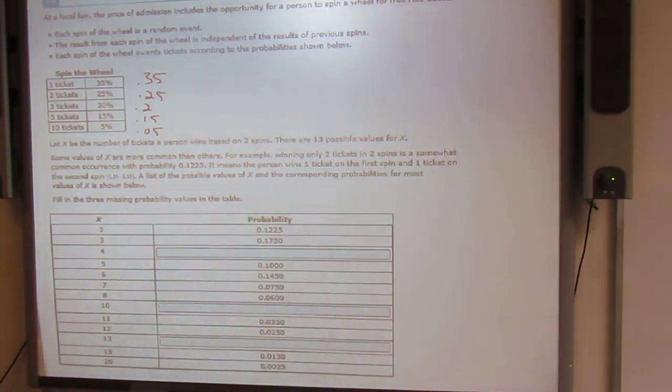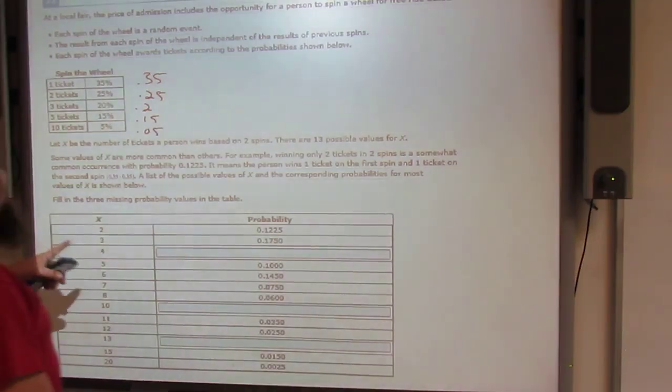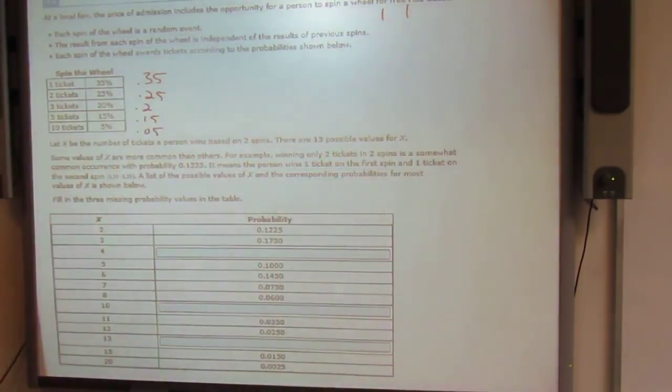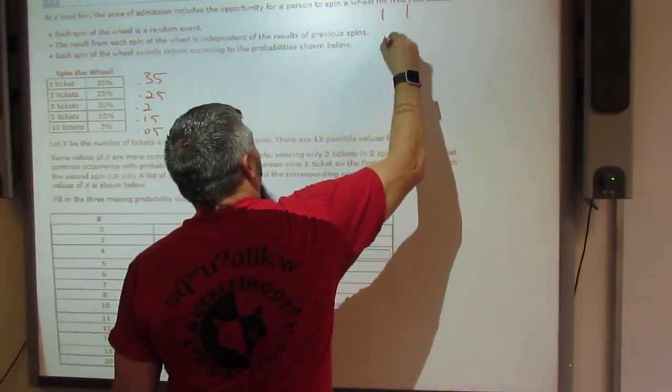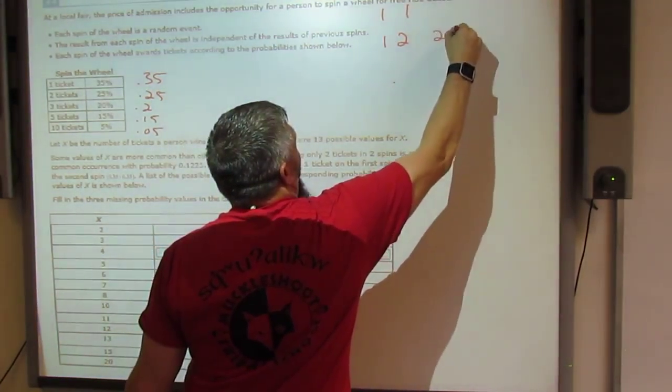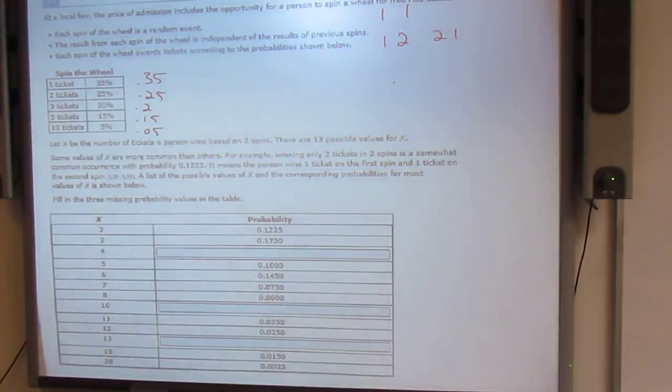But what is the possibility of getting 3? Remember, to get a 2 means you get a 1 and a 1. That's all you can do. But to get a 3, you can get a 1 and a 2, or you can get a 2 and a 1. That's 2 different probabilities.